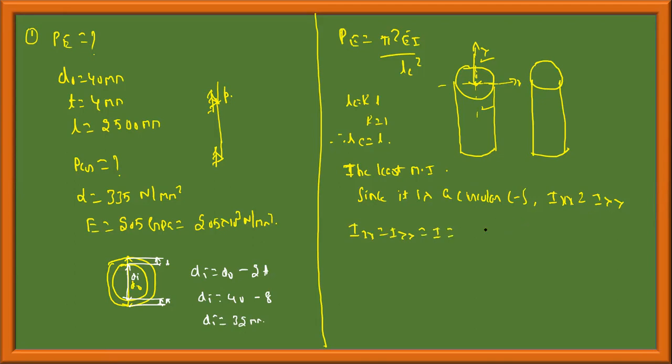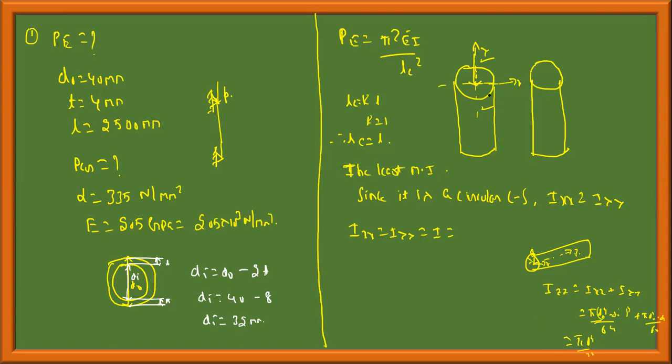Can you tell me what is I? When I wrote the polar moment of inertia for a shaft, this was the x-axis, this was the y-axis, and this was the z-axis. So Izz, which is the summation of Ixx plus Iyy, is equal to pi d power 4 by 32. In general, I'm taking a solid shaft, so pi d naught power 4 minus di power 4 by 64, similarly pi d naught power 4 minus di power 4 by 64, which turned out to be pi d power 4 by 32.